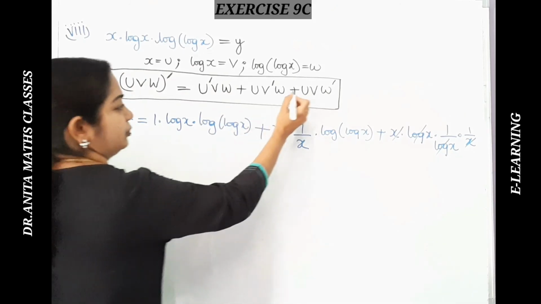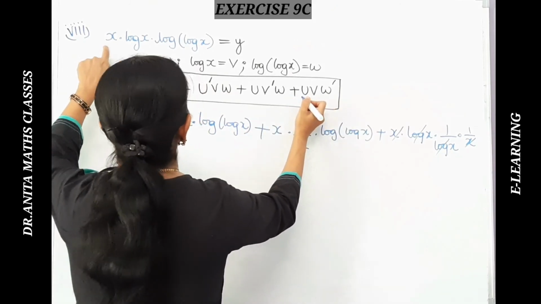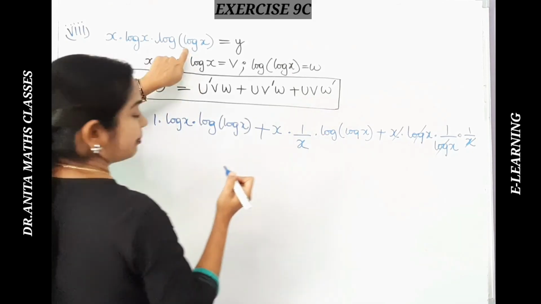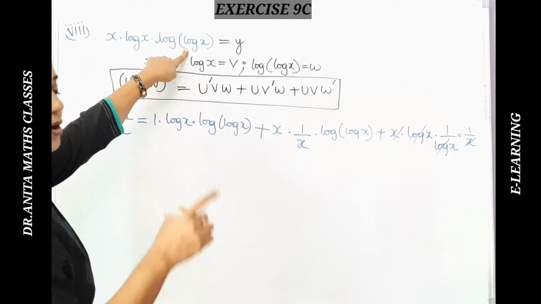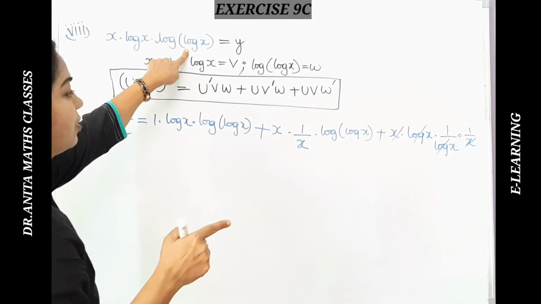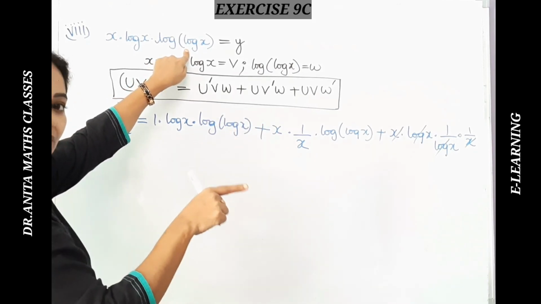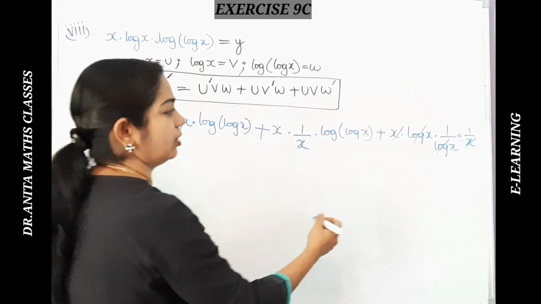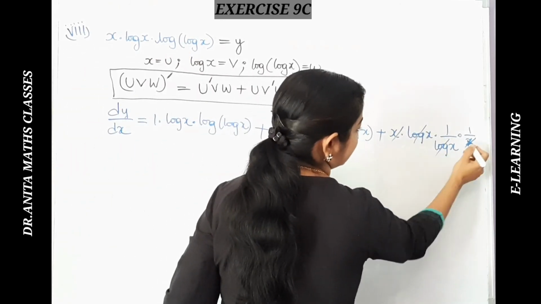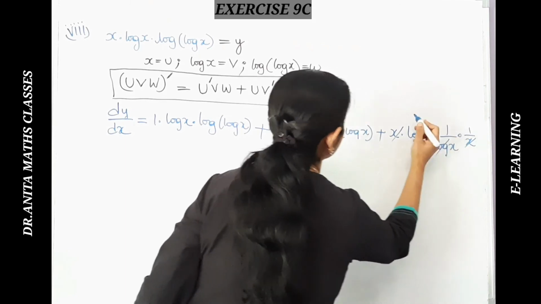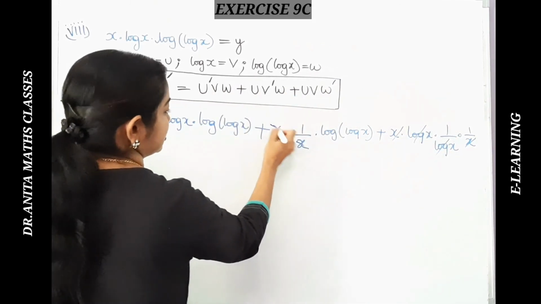Here see, u, v, w. So u I wrote, v I wrote, differentiating w. Differentiation of this is 1 by log x. Again for the chain rule, you have to differentiate log x, that is 1 by x. So all these are in the multiplication form. So you can cancel off, x goes off, and only 1 remains. Here also x goes off.